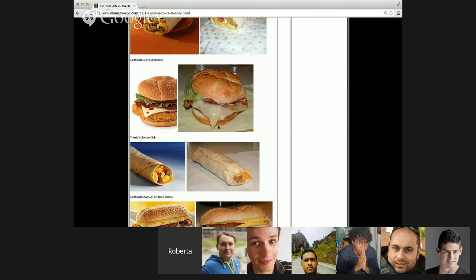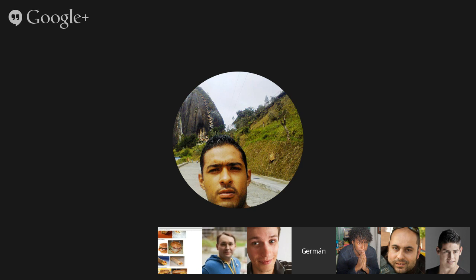So on the left is the advertisement, and the right is the one that you actually get when you go to the store and buy it. Okay. The right one seems like the cheese is melted. Yep, exactly.